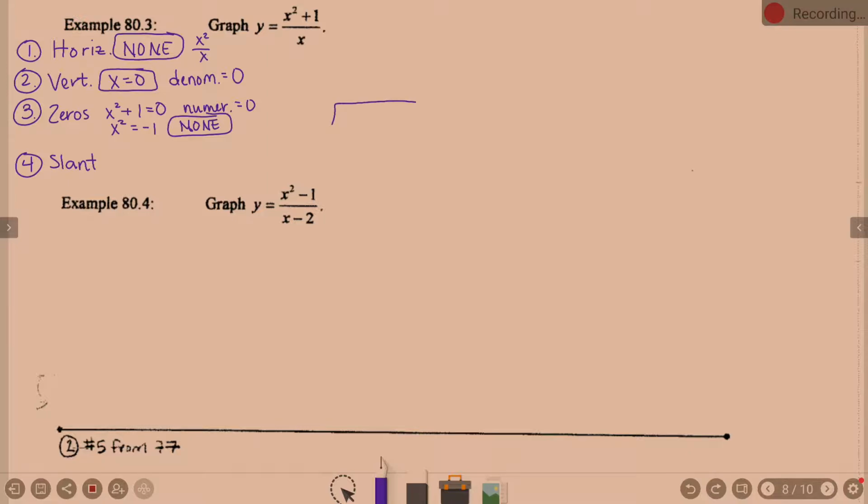I'm dividing by x, so that goes outside, yes. Actually, we wouldn't even have to use long division on this one technically. But as I set this in here, I'm going to put x squared, plus 0x and plus 1. Again, we're only dividing by x, so it's not a huge deal here.